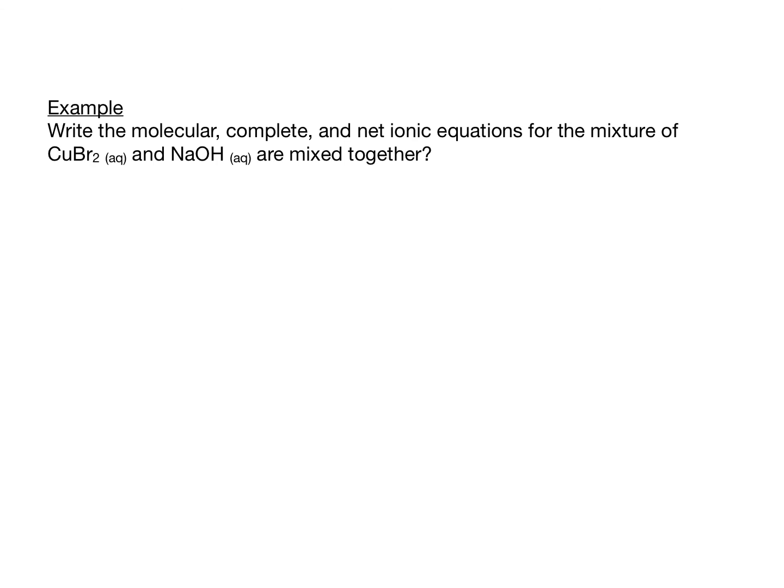So let's look at another example. We are going to mix together copper bromide and sodium hydroxide. So we're going to take our CuBr2 aqueous plus NaOH aqueous, and then we're going to figure out what the products are. I like to write the left-hand side of the complete ionic first.